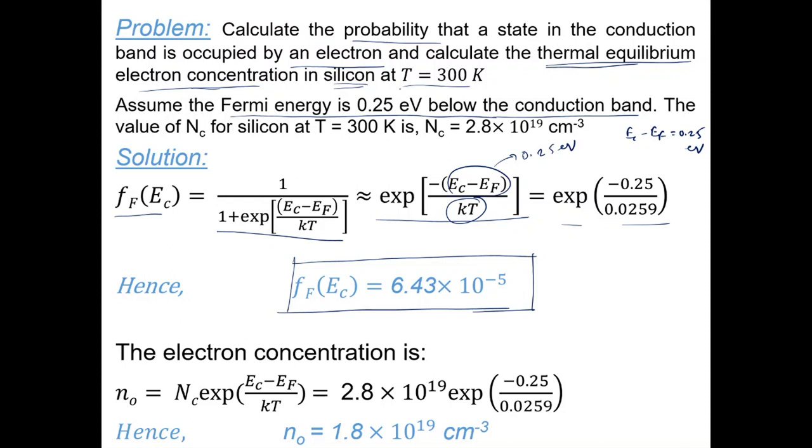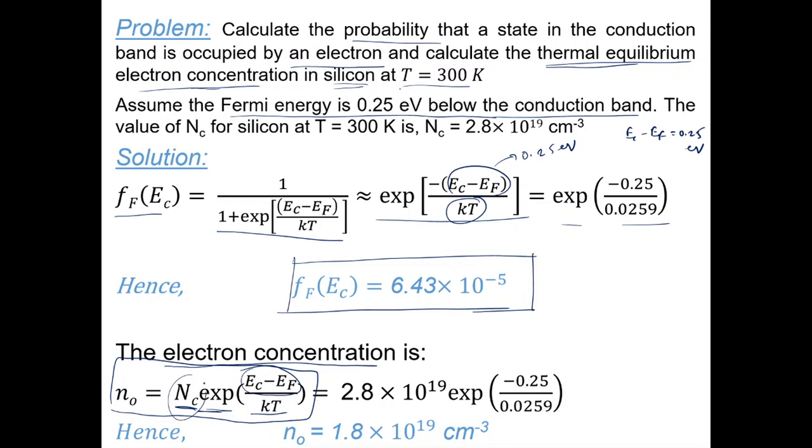Now going to the next step, we have to calculate the electron concentration. You remember the relation that we derived in the previous slide. The electron concentration is the effective density of states times the exponential of the gap between EC and the Fermi level divided by kT. You feed all the values here.